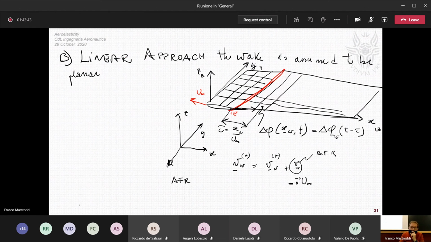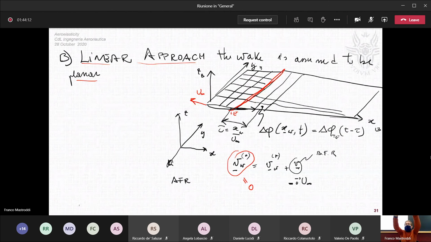What does the linear approach imply as hypothesis? In the linear approach, this absolute velocity of the wake is put to be 0. This means the following: you are seeing the aircraft, the wake is fixed in my frame of reference. The absolute velocity is fixed, and it's 0.